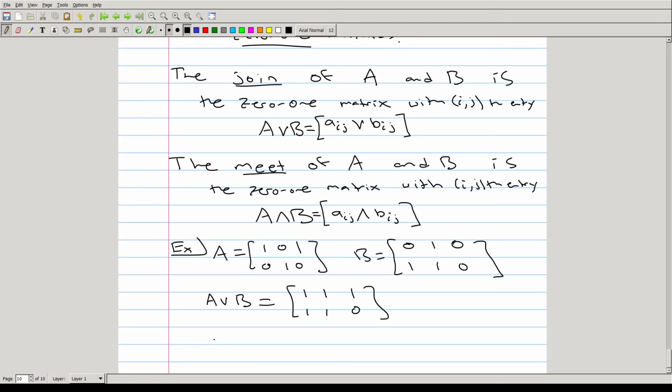And the meet, A and B, is given by 1 and 0, which is 0, 0 and 1, which is 0, 1 and 0, which is 0, 0 and 1, which is 0, 1 and 1, which is 1, and 0 and 0, which is 0. Oh, and this should be the and symbol here.